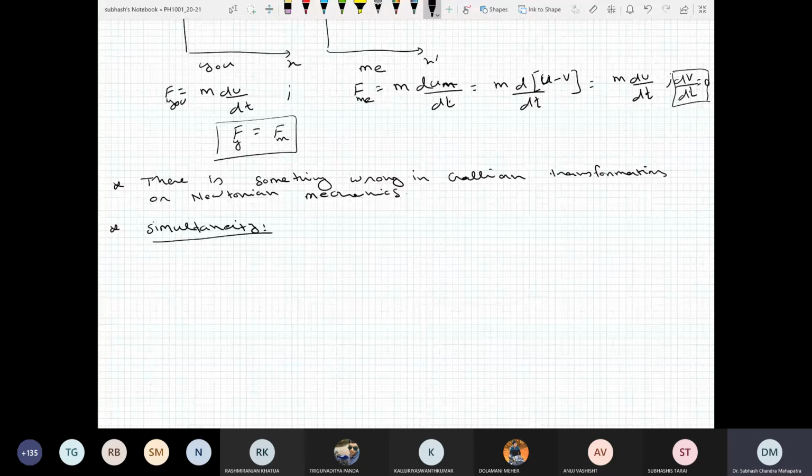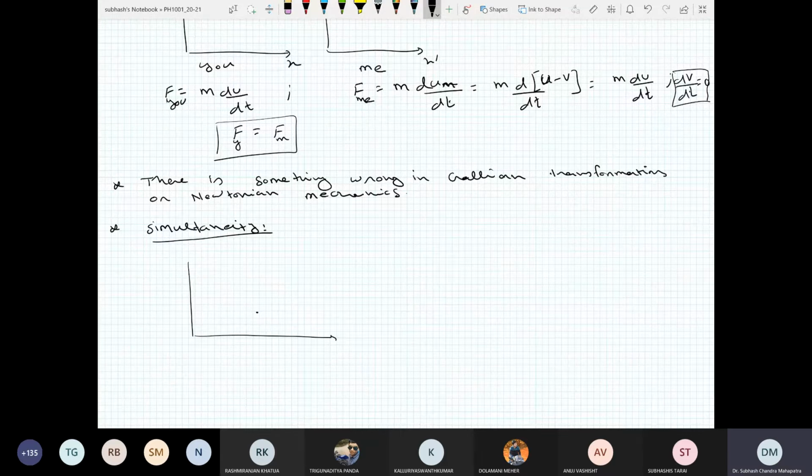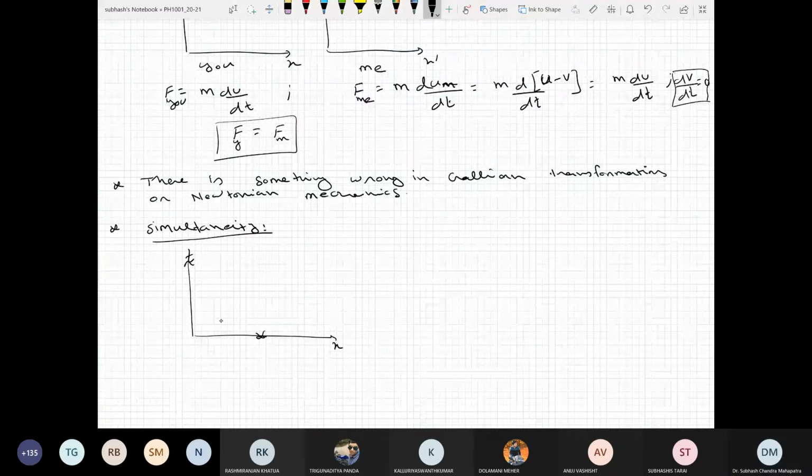Okay. Simultaneity means this thing. Suppose you are here, at this position, with coordinates T and X. Suppose two lightning strikes happen at equal distance from you.